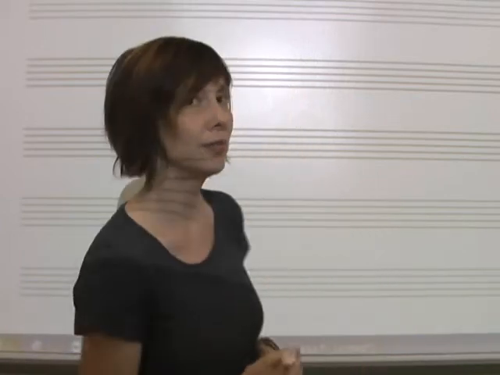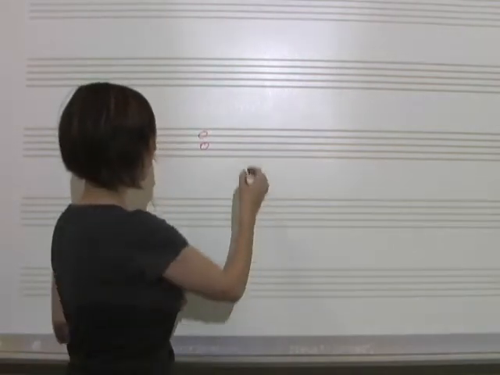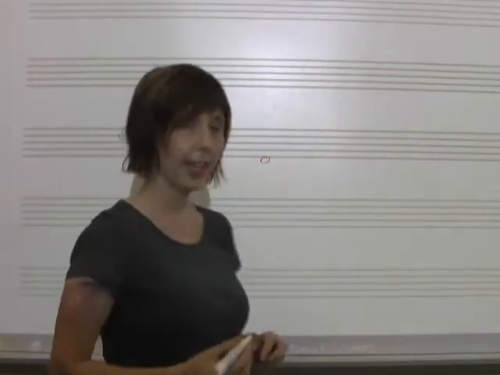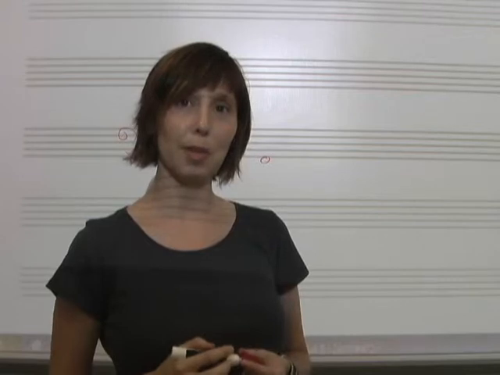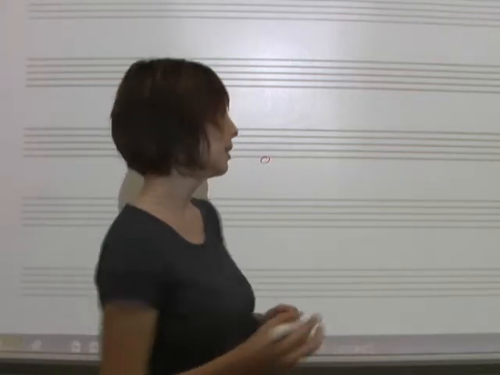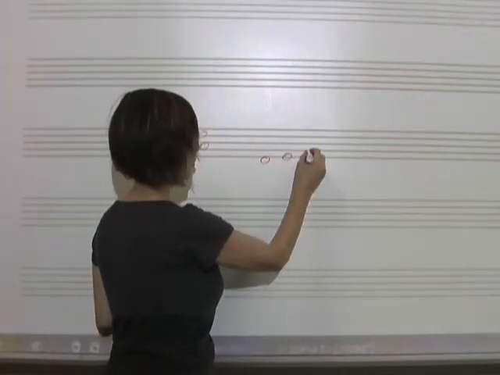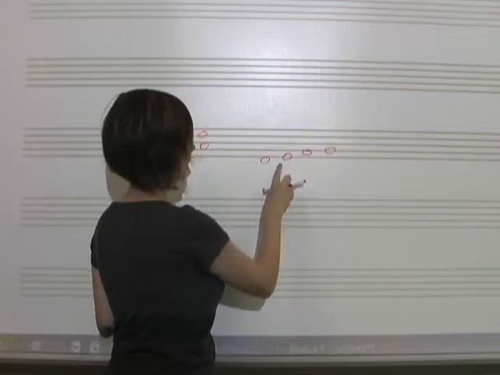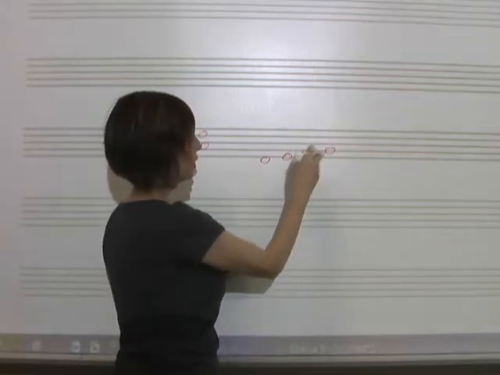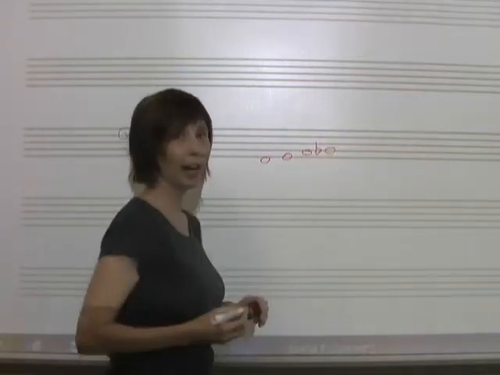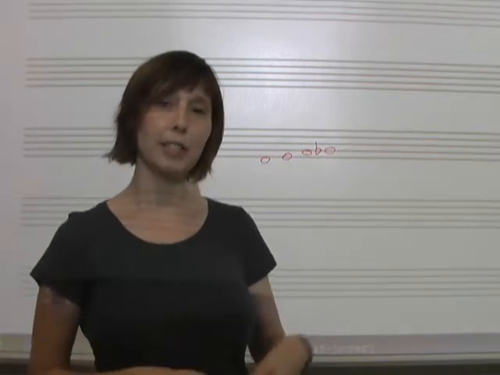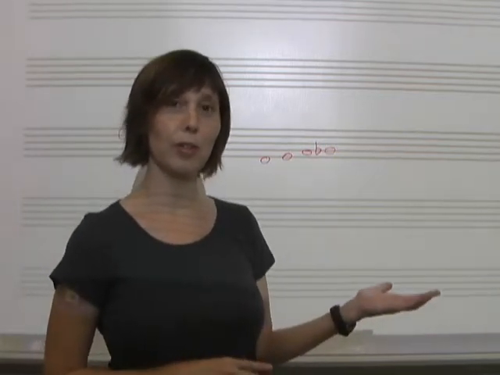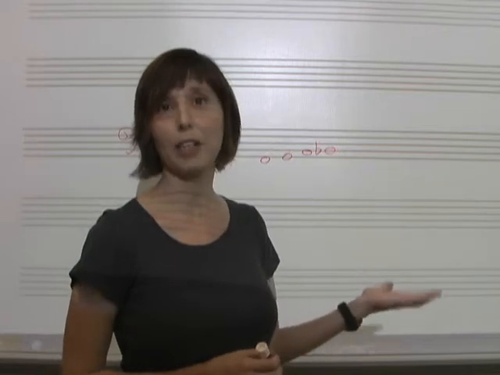For example, if I start on an F and I ask for a perfect fourth above F, and we go whole, half. In the case of F, a perfect fourth above the F is a B flat, not a B natural.